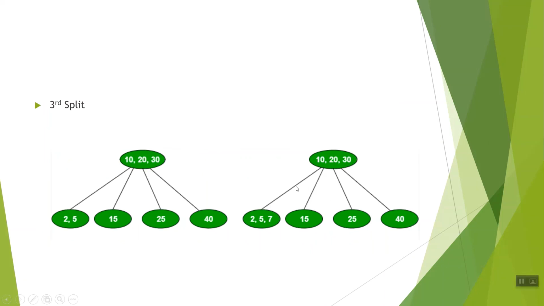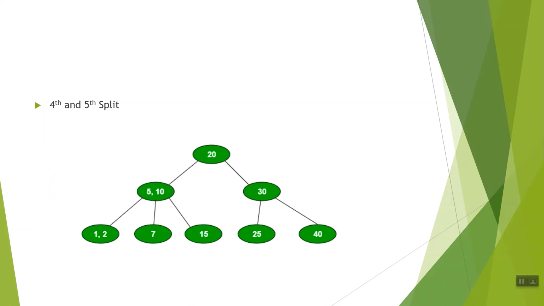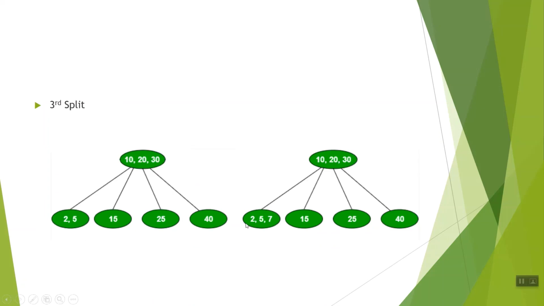So next we are taking another number that is lesser than 10, because we have to target the first leaf, that is the most populated. So 7 will be inserted, there will be no split for this. In the next step we are taking 1, so the first node will be split when we insert 1.